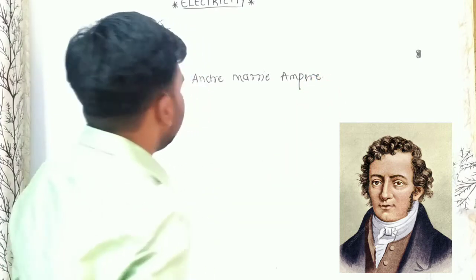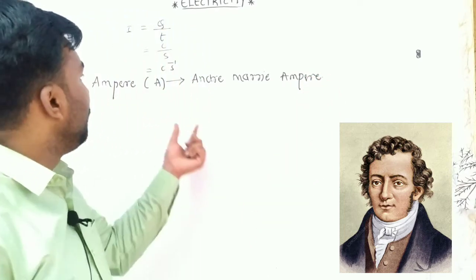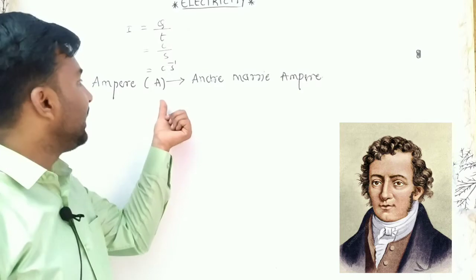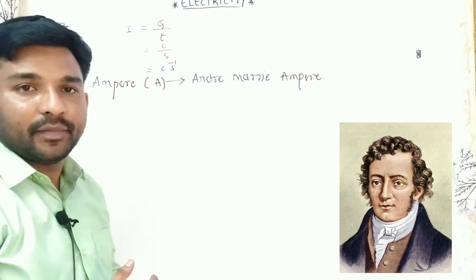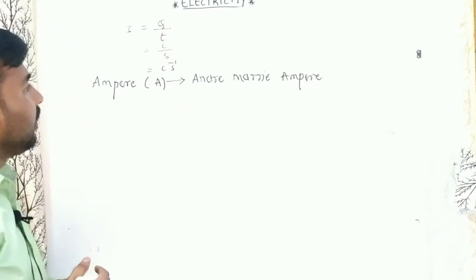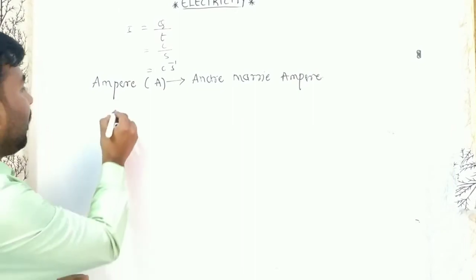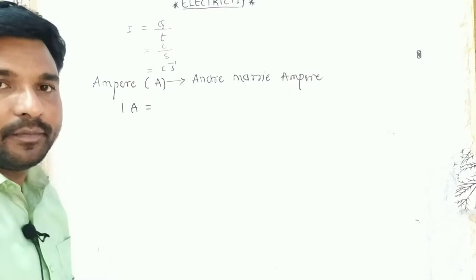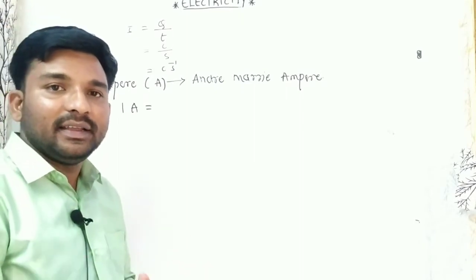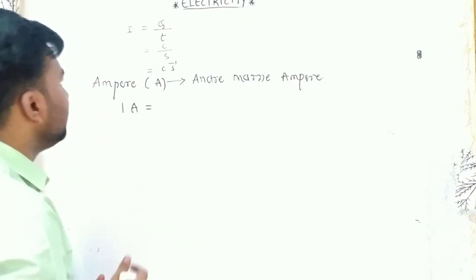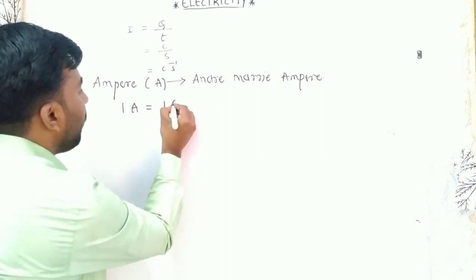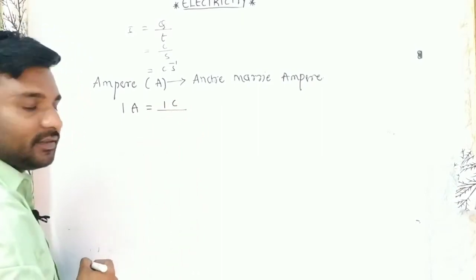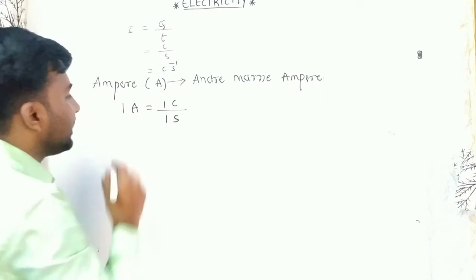In honor of the scientist Andre Marie Ampere, we will take the unit for the electric current as ampere. Okay. Now, when we say the current is 1 ampere, it means there is a flow of 1 coulomb of charge in 1 second.